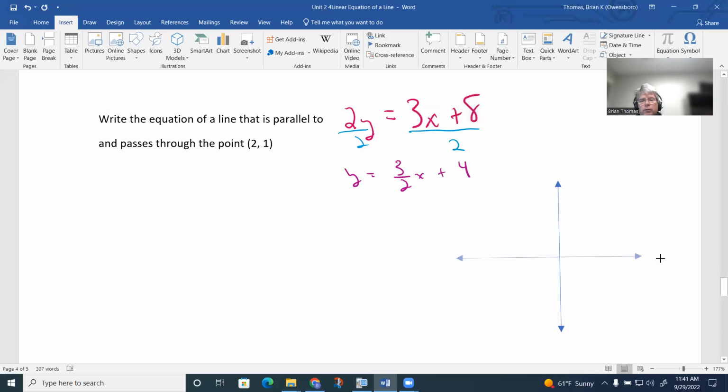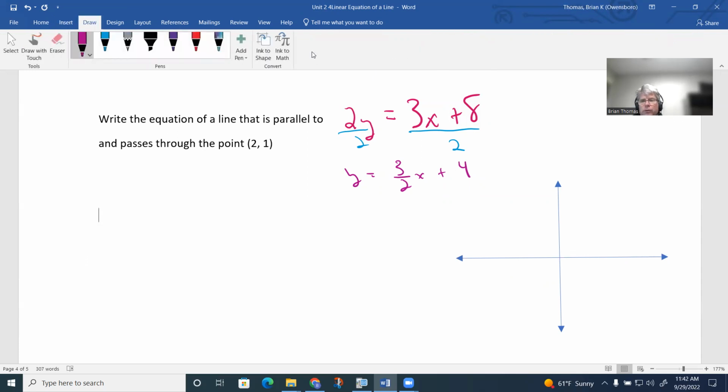And this is going to be the x-axis. So I have 1, 2, 3, 4, 5, 6, 7, and 1, 2, 3, 4, 5, 6, 7, 8.